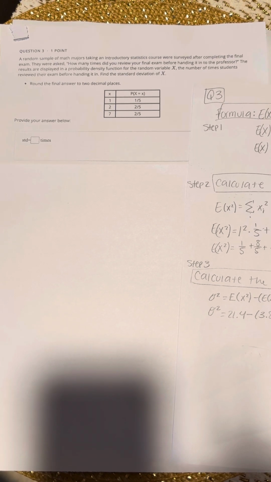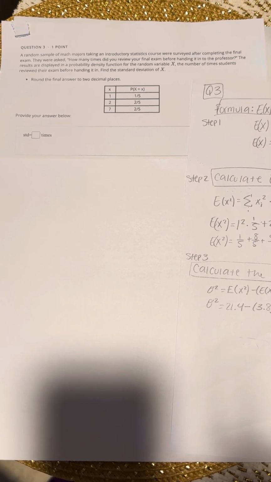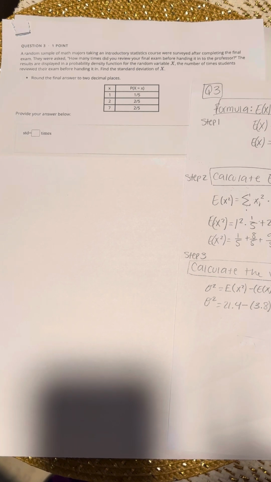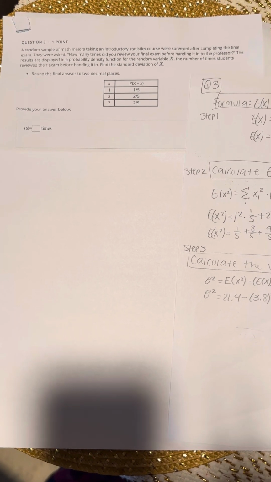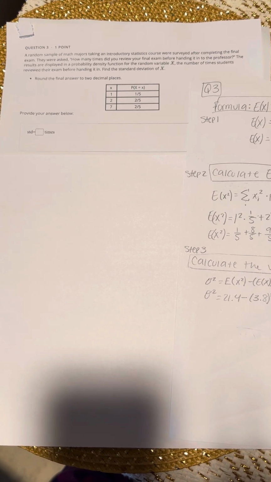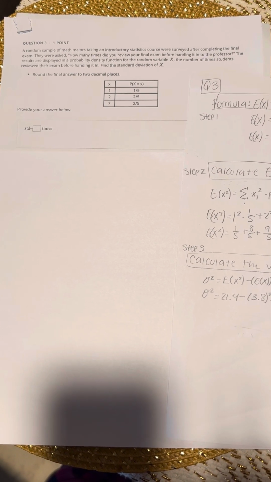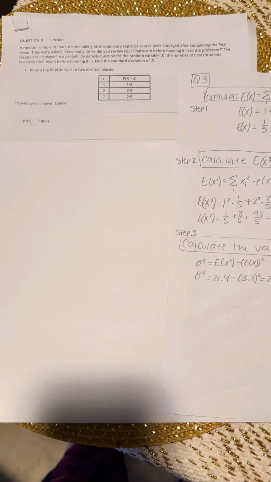The results are displayed in the probability density function for the random variable x, the number of times students reviewed the exam before handing it in. Find the standard deviation of x. So this is a chart and we want to find the standard deviation.